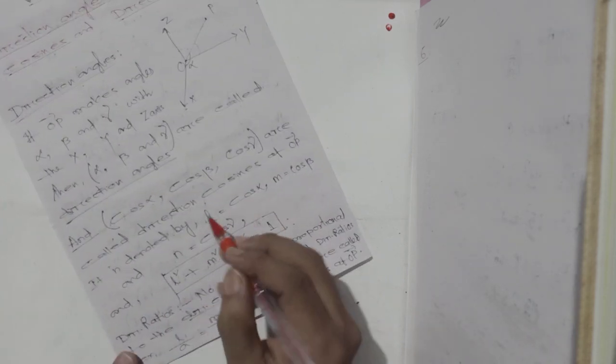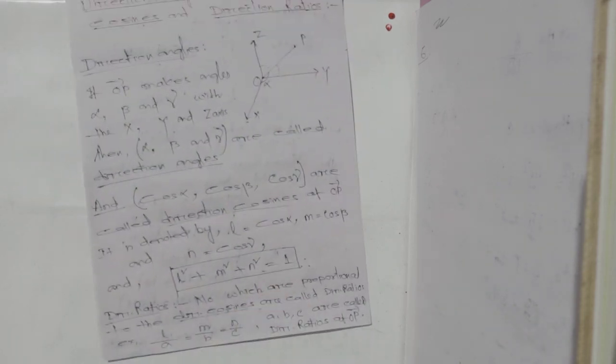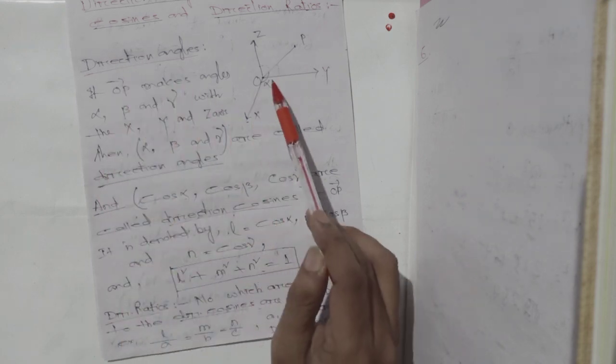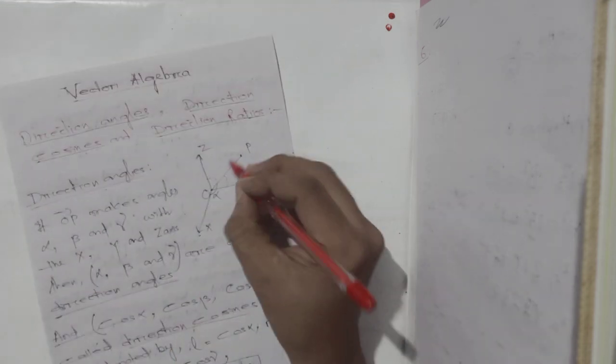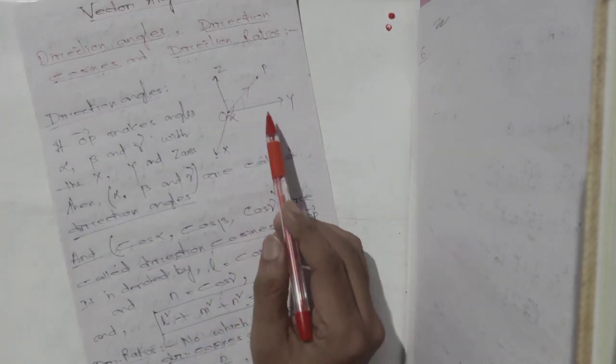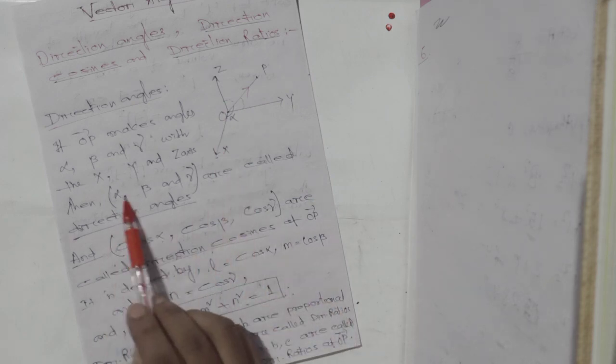So students, I hope all of you understood the concept of direction angles, direction cosines and direction ratios, right? I'm just repeating again. OP is a vector. The angles made by OP with the x-axis, y-axis, z-axis are called direction angles, and these are alpha, beta, gamma.